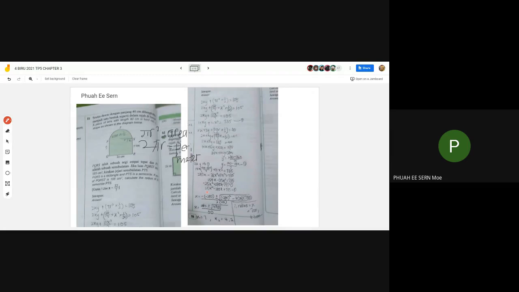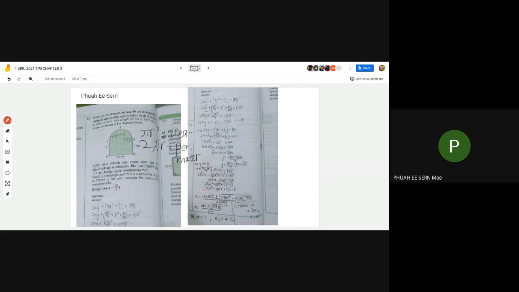Then the a, b, c I put into this equation. That becomes 280 plus or minus the square root of 4,900, over 50. Then after I put it in the calculator, the 280 plus this one becomes positive 7, and the negative one becomes positive 4.2.